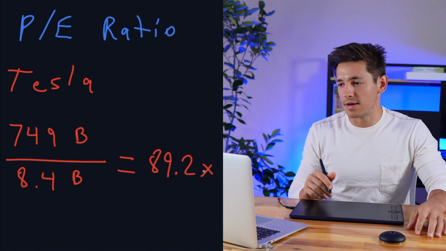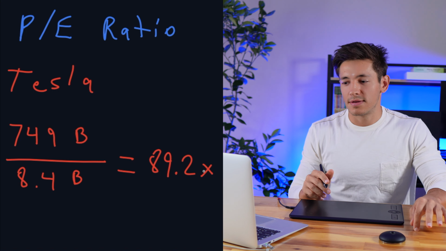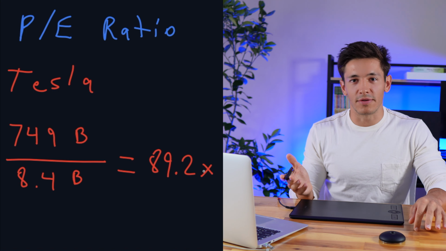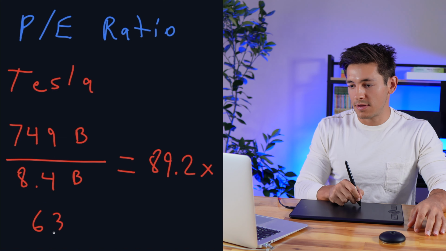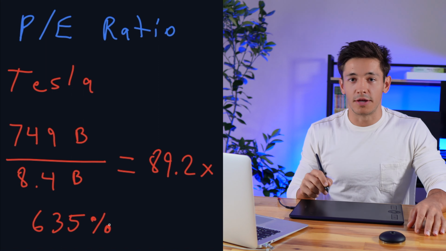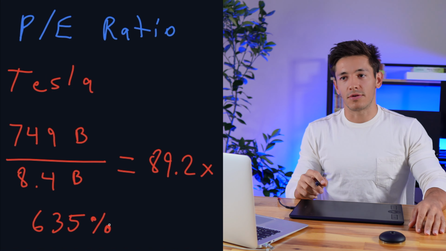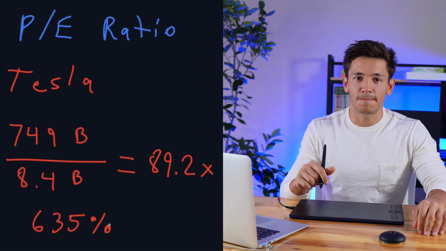And so you may be thinking, well, that's a bad investment. Well, you have to look at the other factors, like I said. In the case of Tesla, it had 635% year-over-year earnings growth. That's a lot higher growth than Google's 45%.